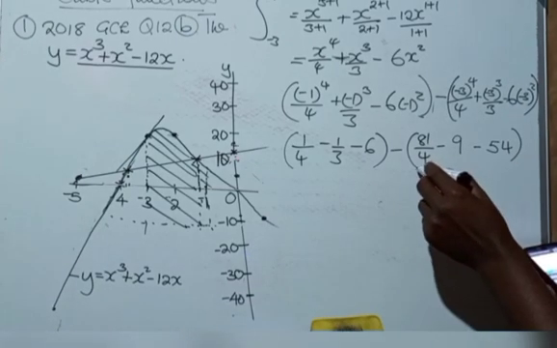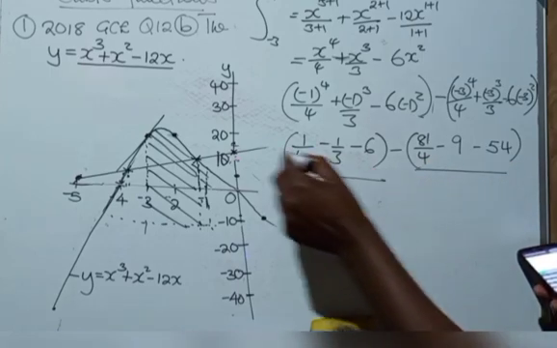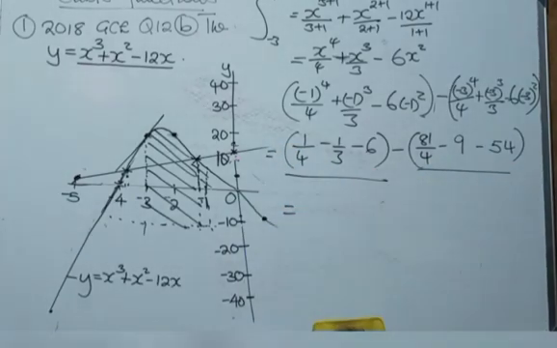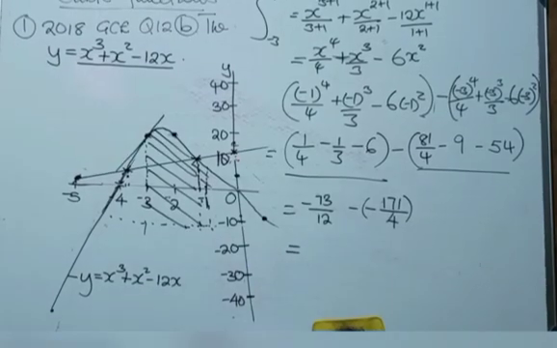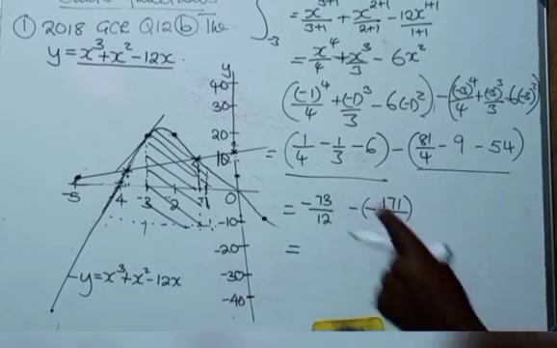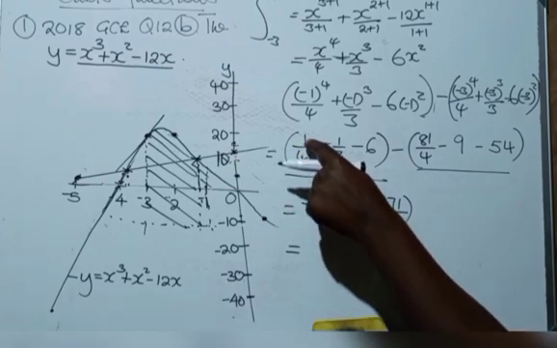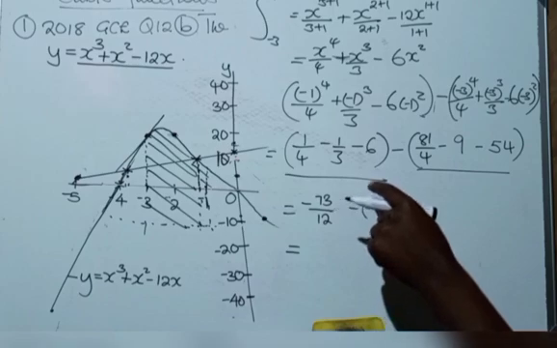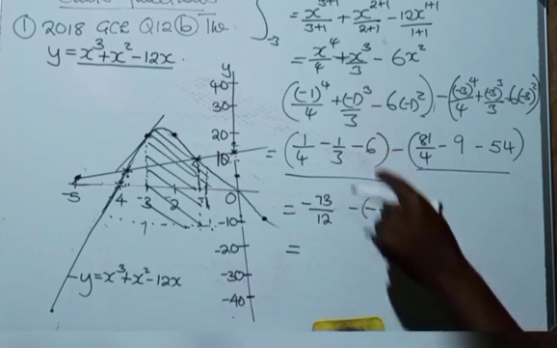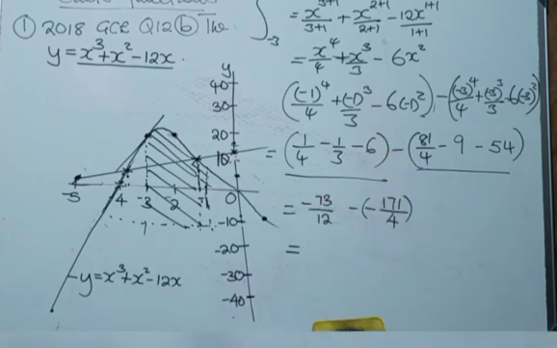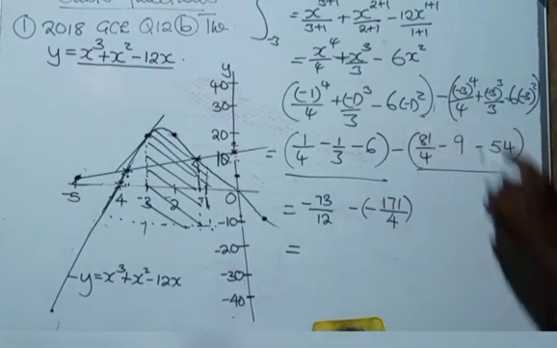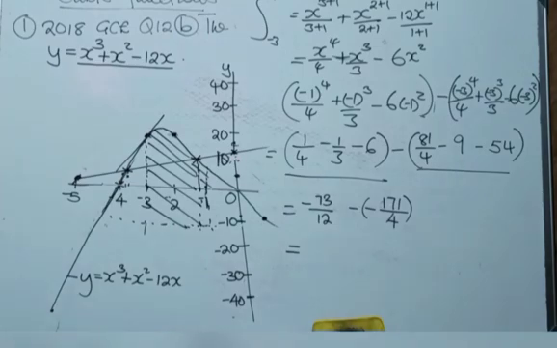So now let us find the answer of this and also the answer of that. If we say 1 over 4 minus 1 over 3 minus 6, we have negative 73 over 12, then minus the whole of the other one.